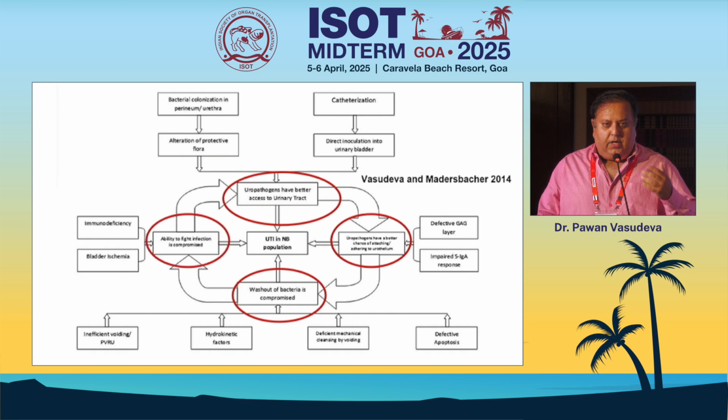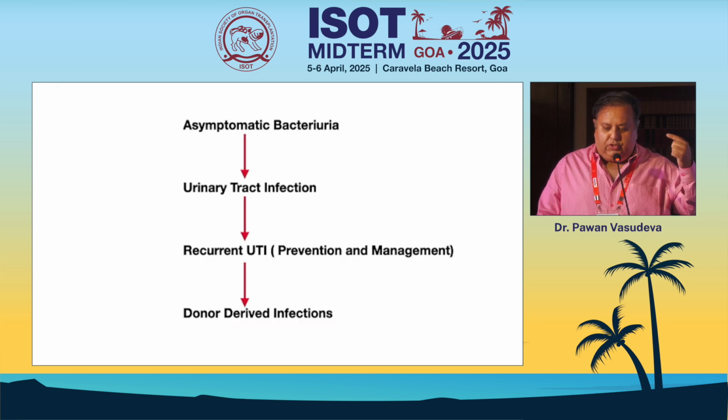And finally, relevant to transplant, even if it has stuck and is not getting washed out, the immune system comes into play. But in transplant patients, again, the immune deficiency may affect. So these are the four pillars you should be looking at when you're trying to treat your patients with infections. I'll just go through these four aspects.